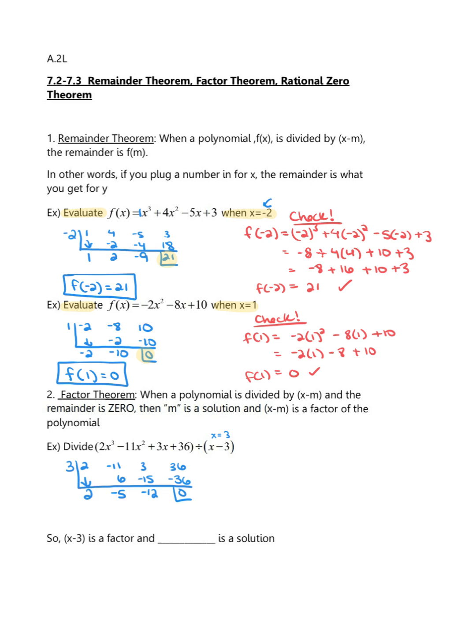So f of 3 equals 0. So 3 is a solution. And x minus 3, what you divided by, is a factor.